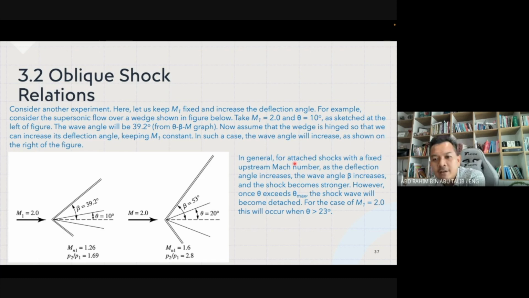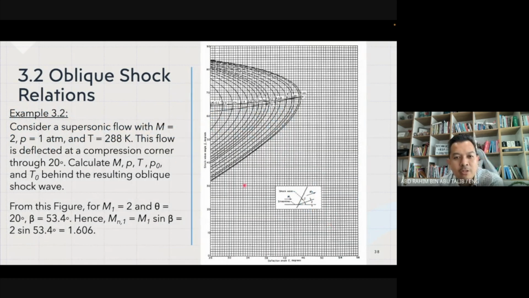So in general, for an attached shock with a fixed upstream Mach number, as the deflection angle increases, the wave angle beta increases and the shock becomes stronger. However, once theta exceeds theta max, the shock wave will become detached. For the case of Mach number equal to 2, this occurs when theta is greater than 23 degrees. So with that, we want to take a short break.